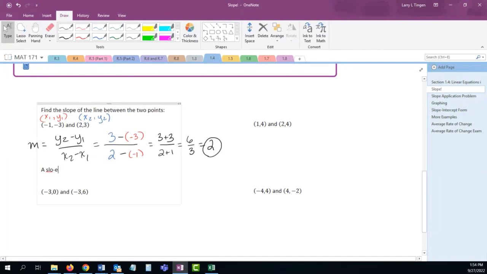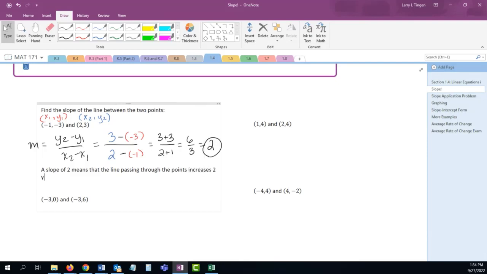So a slope of 2 means that the line passing through the points increases 2 units in the vertical direction for every 1 unit increase in the horizontal direction.